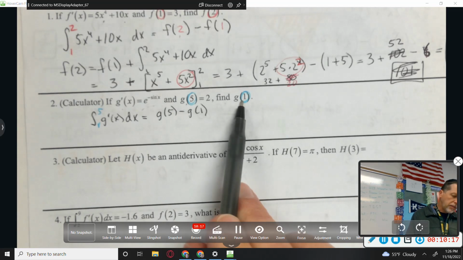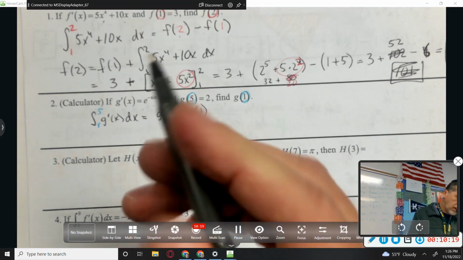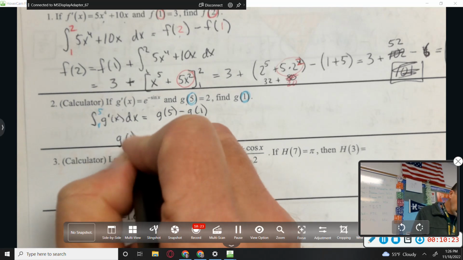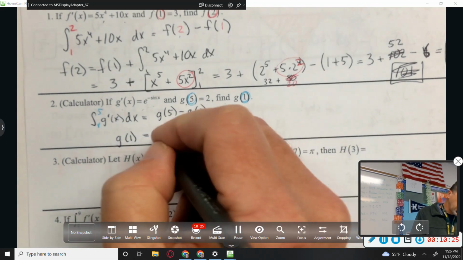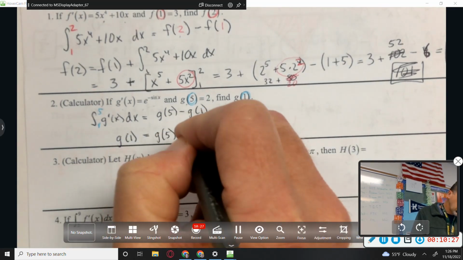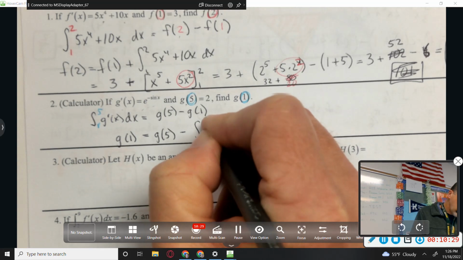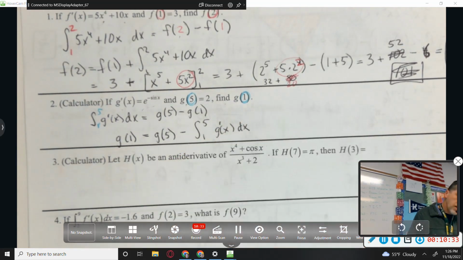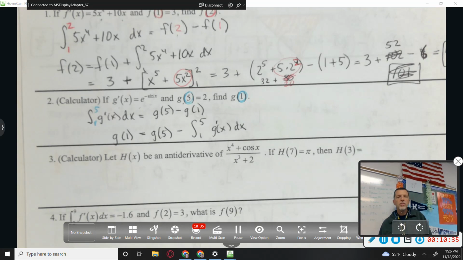This time I'm trying to find g of 1, so I'm going to move g of 1 over and then subtract over that integral. That's just a little algebra moving things around to get g of 1 by itself.